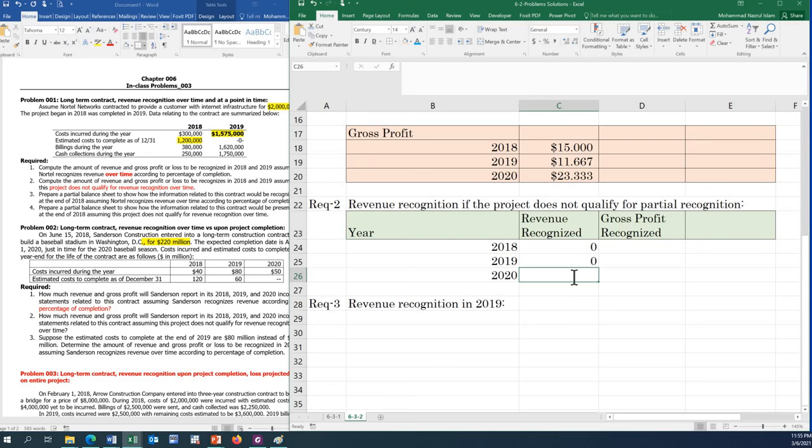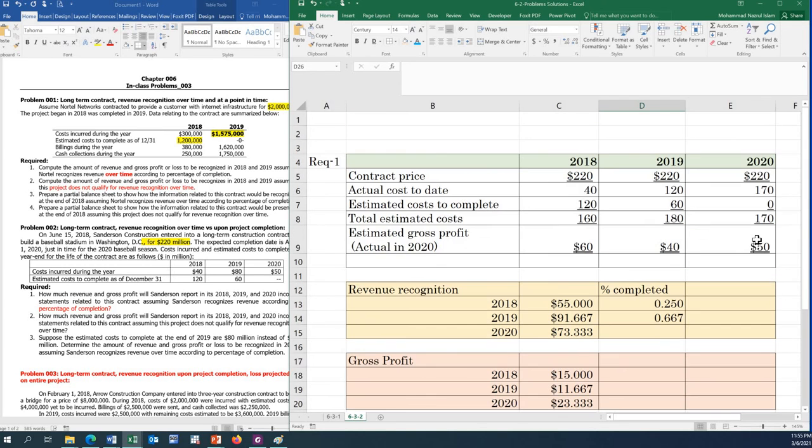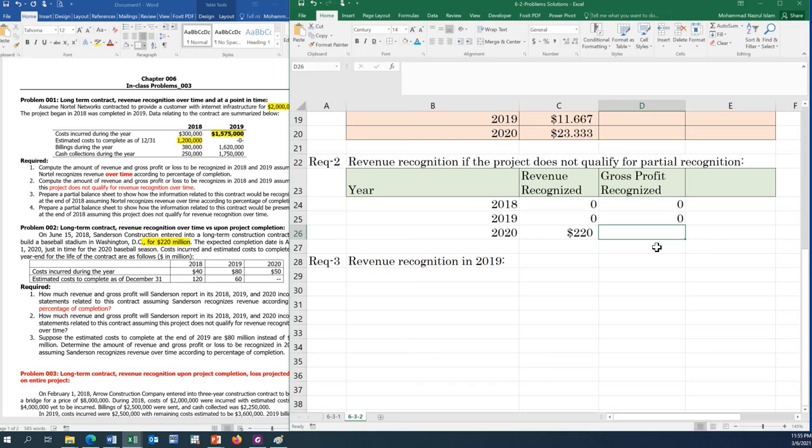In 2020 it should be the entire amount, and we have already calculated this 50, so it should be this revenue minus 170.